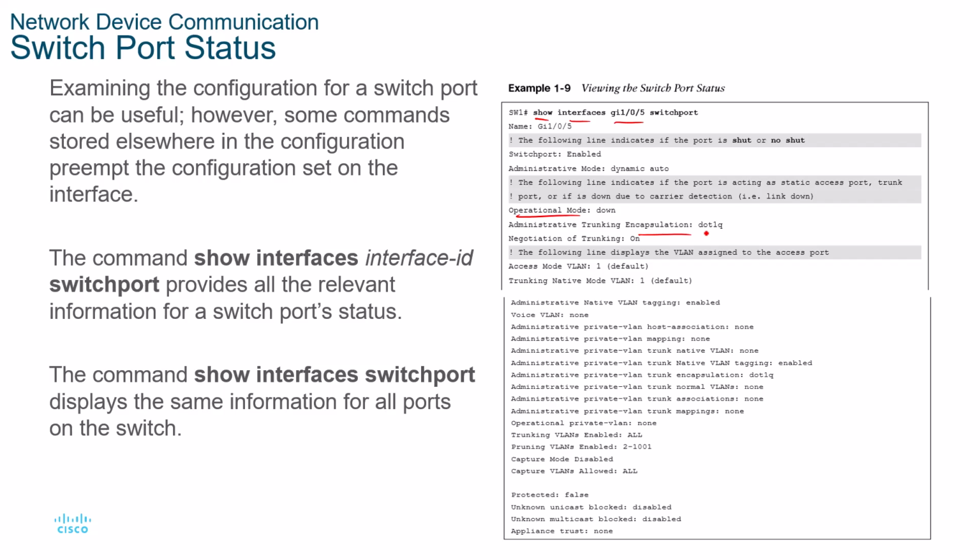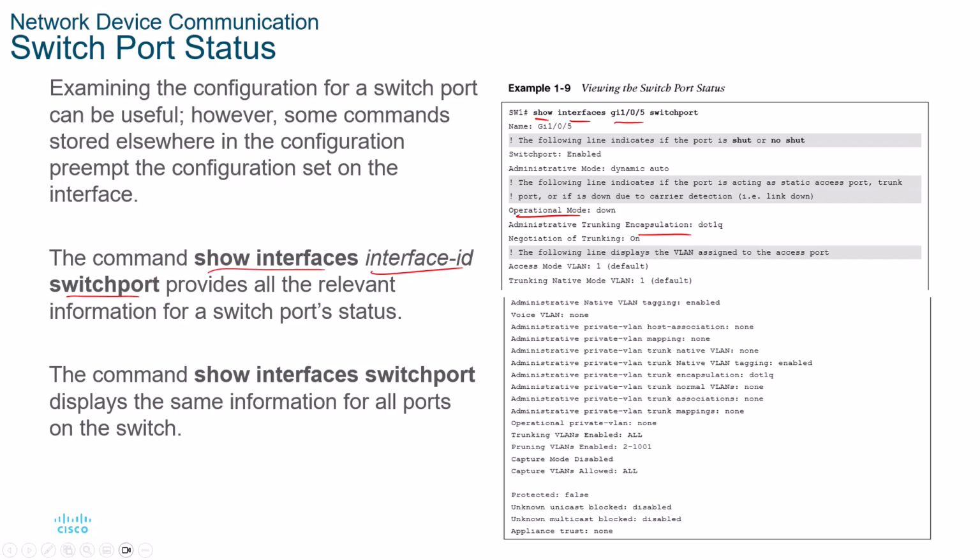Again, some commands are stored elsewhere in the configuration, so you do have to keep that in mind. So you can do a show interface, and then switchport. That gives you the switchport details. You can also do a show interface switchport, which gives you slightly different information. Again, all of this goes back to getting used to your show commands and what output may be useful in each different show command.